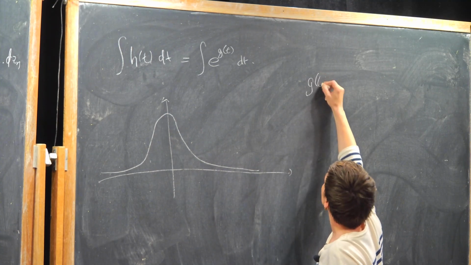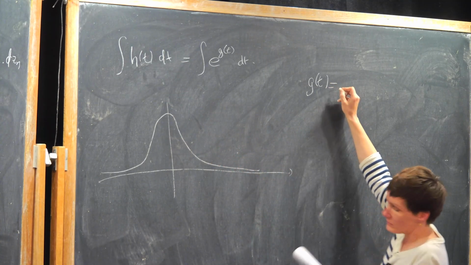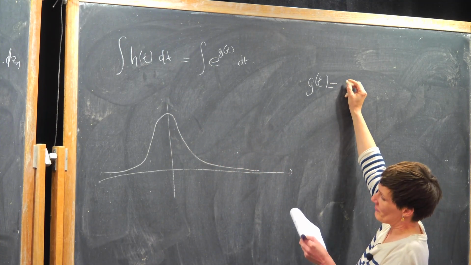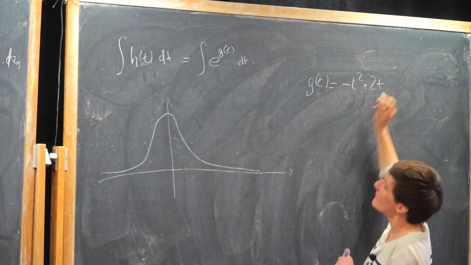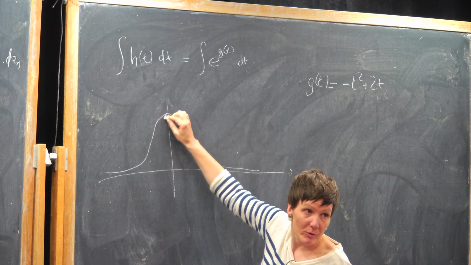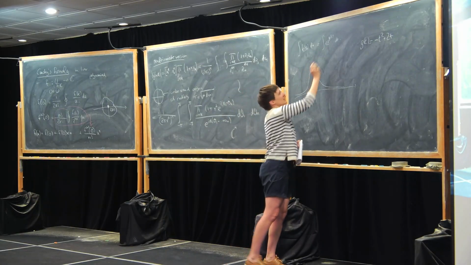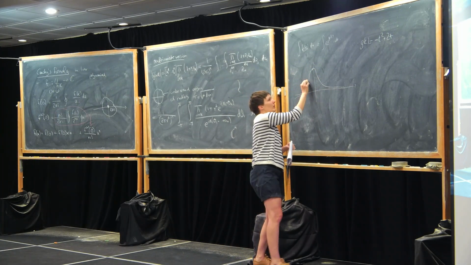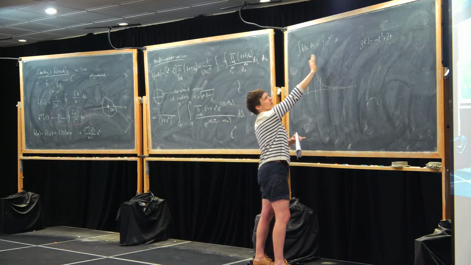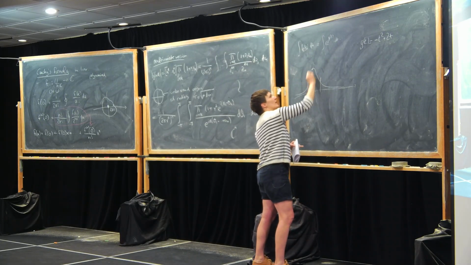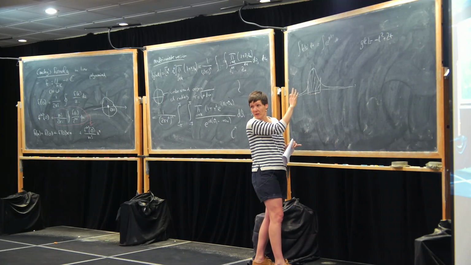Say g of t is equal to, what was my example? Minus t squared plus 2t. Then somewhere this has a high point. And what you're doing is that you show somehow that most of the mass for that integral comes from nearby your high point.